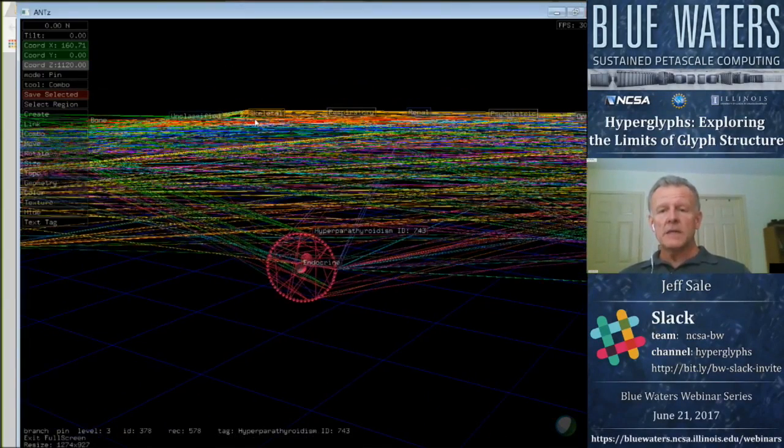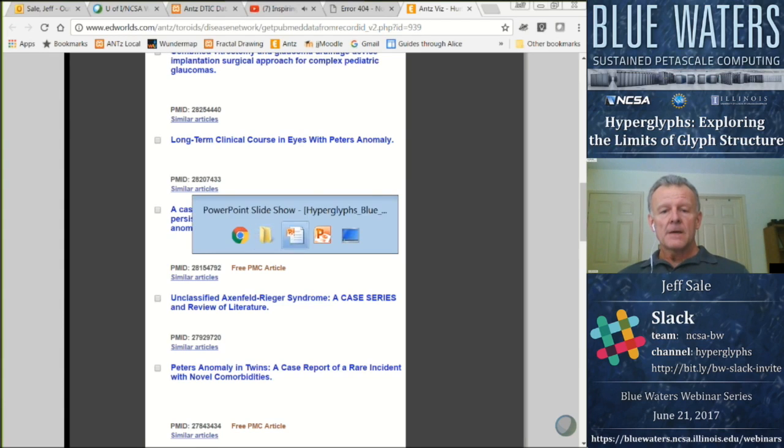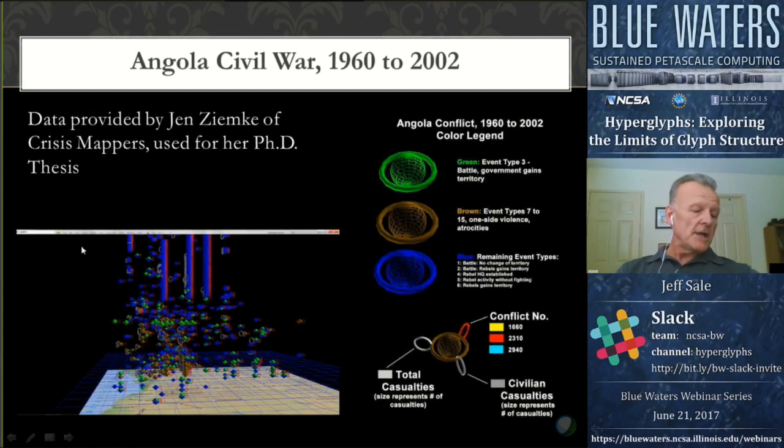Okay, so that's the human diseasome as a demonstration of interactivity and drilling down a little bit further and using the forest to get an overall vision of the data set. Now, there are other visualizations that I'm going to skip past, actually, because I'm behind. The Angola Civil War visualization was one of the first that we did.